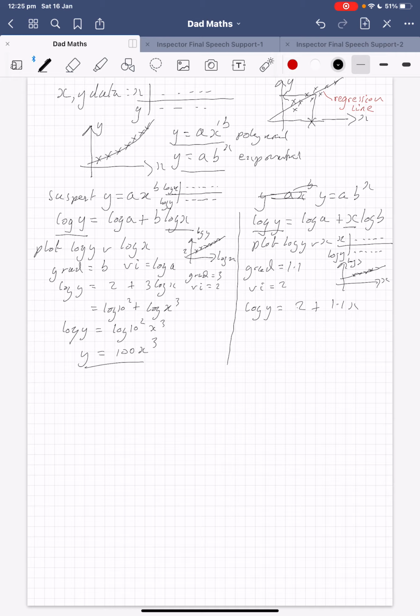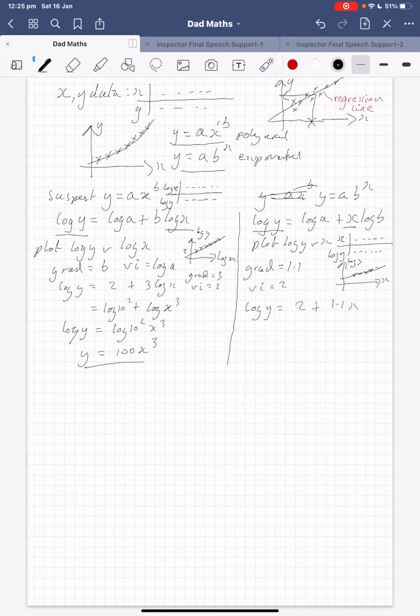You can now work out what a and b are in two ways. You can say log of a equals 2, and so a equals whatever the base is. Let's suppose it's 10 to the 2, which is 100. And here, log of b equals 1.1, so b is 10 to the 1.1.